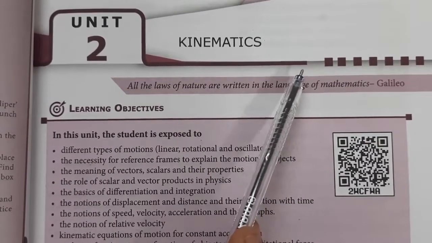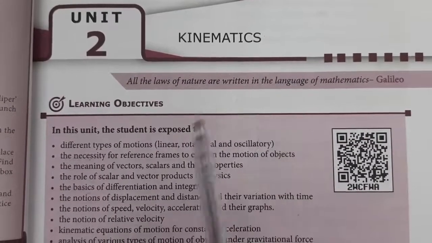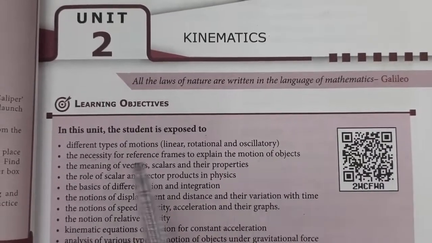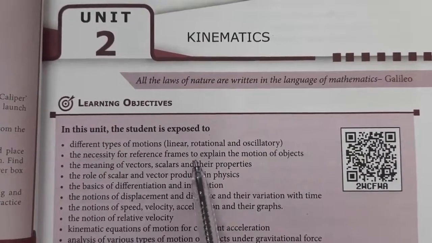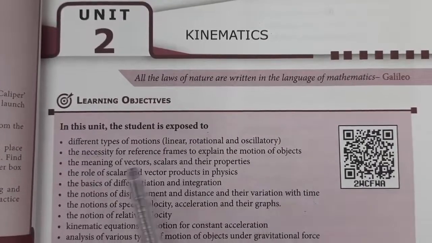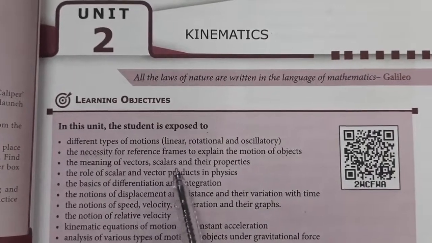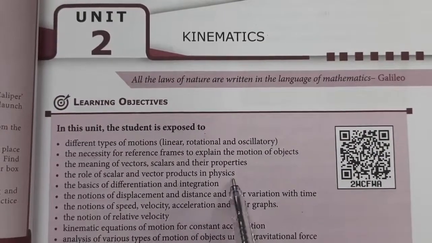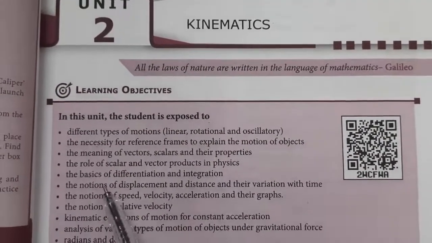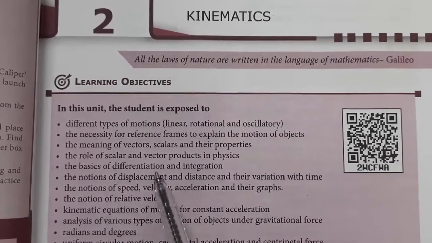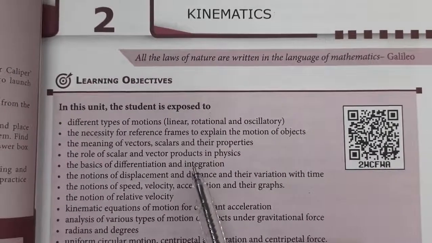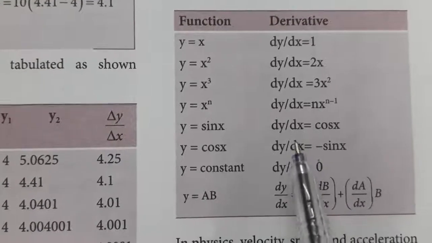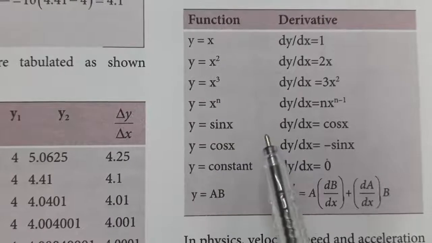In this unit, we have learned the concept of rest and motion, different types of motion, linear, rotational, oscillatory, the necessity for a reference frame to explain the motion of objects, the meaning of vectors, scalars and their products, the role of scalar and vector products in physics, and in the last class we learned some basics of differentiation and integration. I said to learn some of the important formulas in the differential calculus and integral calculus.